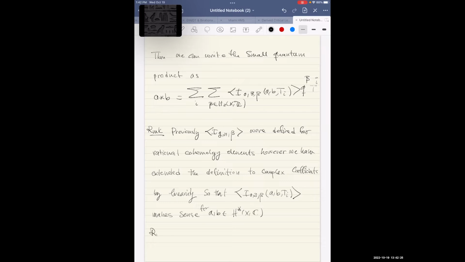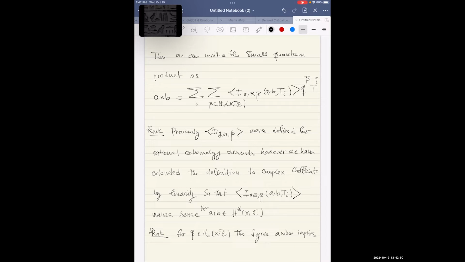And then here is a remark. For beta in second integral homology of X, the degree axiom, I mean, essentially the finiteness of that sum is the combination of the properties of Gromov-Witten classes, basically.